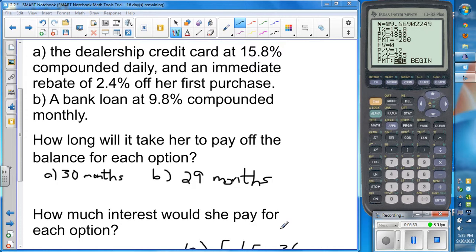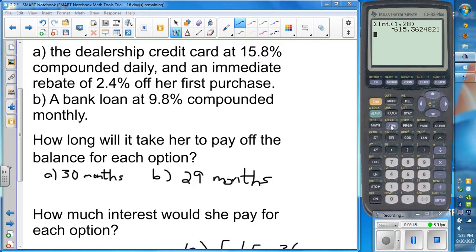Now let's figure out how much interest she's going to pay for option A. So I put in all of my information again for option A, and I use my tvm_n to solve for my number of payments again. So this should be all good. So let's second function quit this. We're going to use the exact same formula that's included in our calculator.